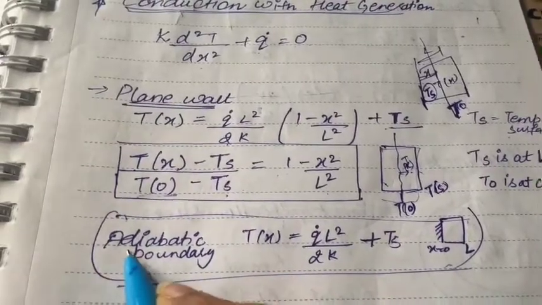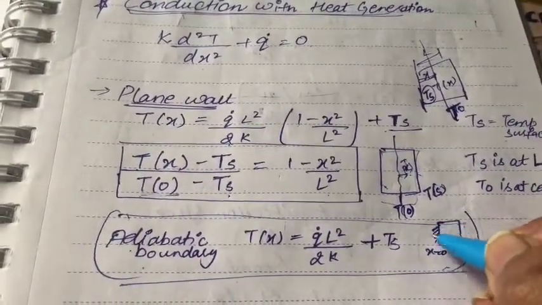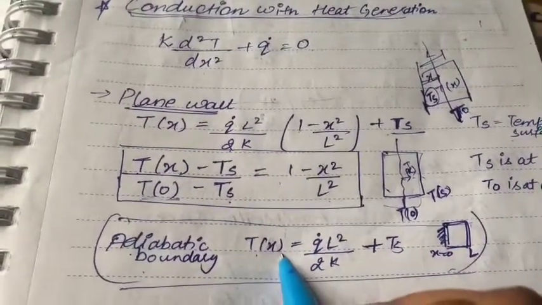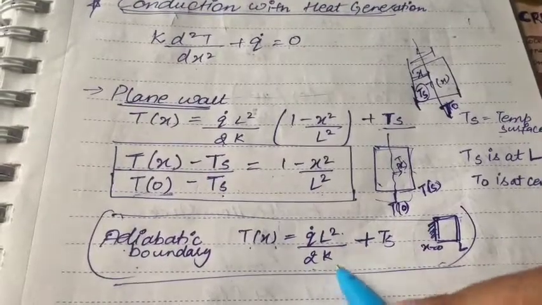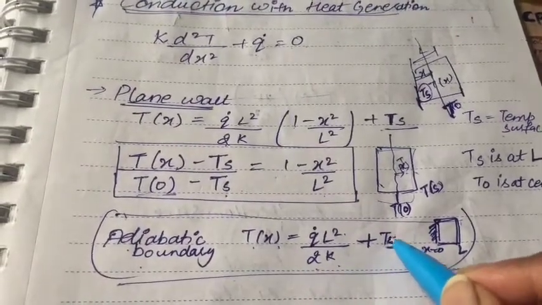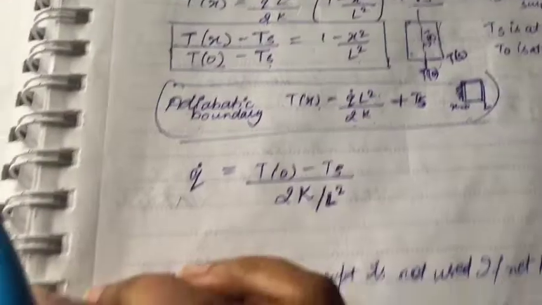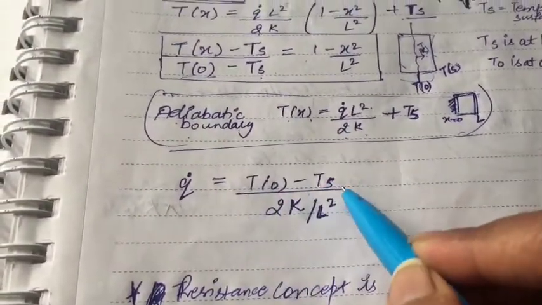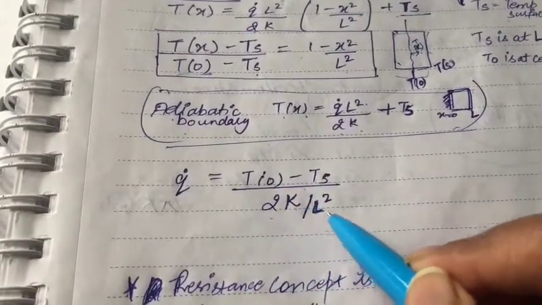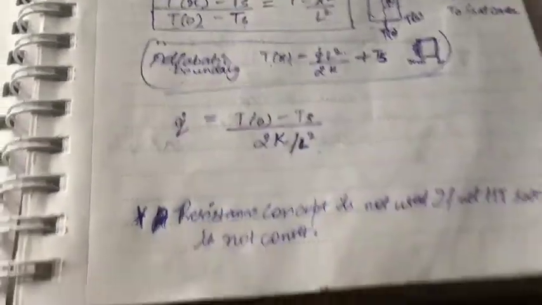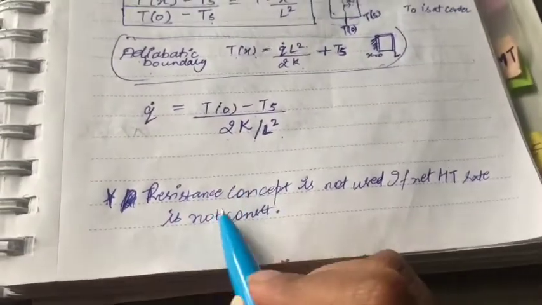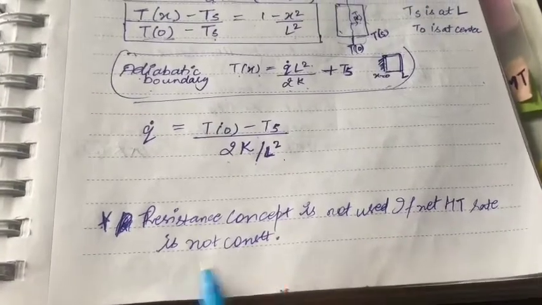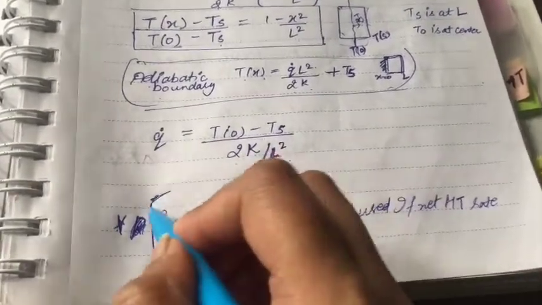And if an adiabatic boundary is given, then temperature at any point x would be Q naught L square by 2K plus temperature on surface. And Q naught is calculated as temperature at center minus temperature at surface, times 2K by L square. One point to be noted is that the resistance concept is not used if the net heat transfer rate is not constant. We have to remember this point for solving questions.